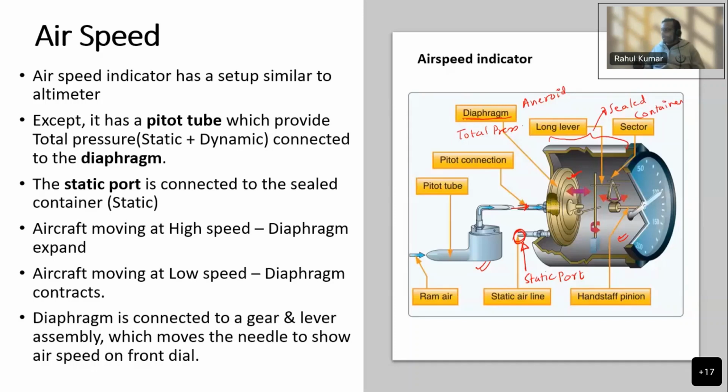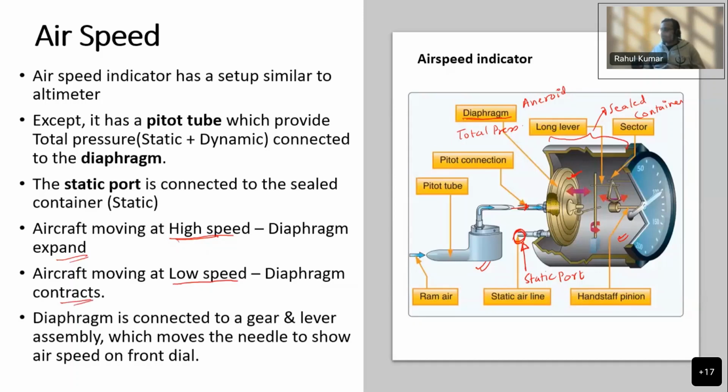Now, if the aircraft is moving at high speed, the pressure inside the diaphragm will be more than the outside, so the diaphragm will expand. And if the aircraft is flying at low speed, the pressure inside the diaphragm will be less than the outside, so it will contract.